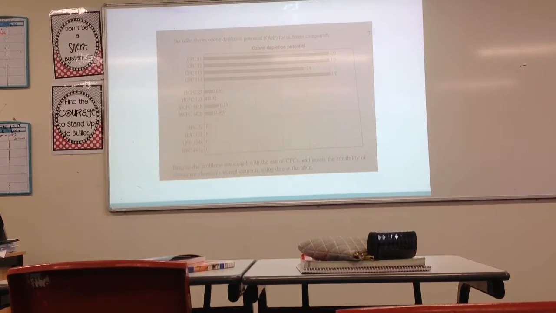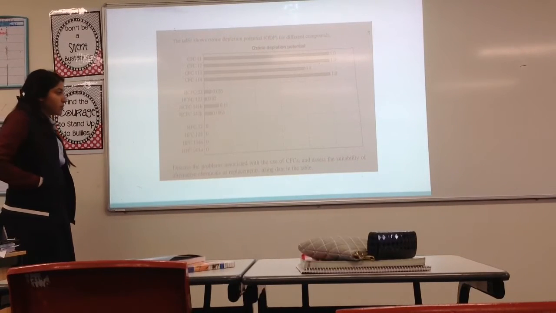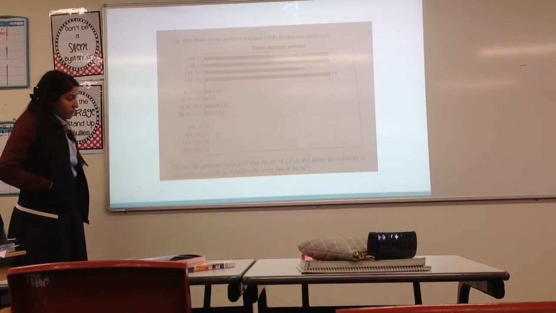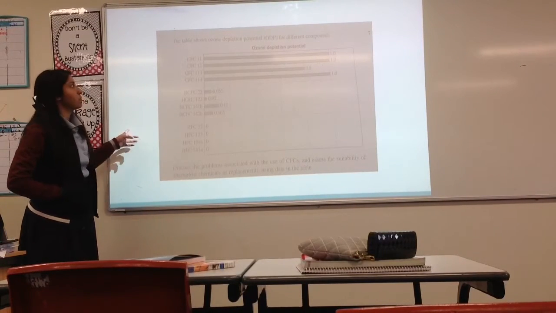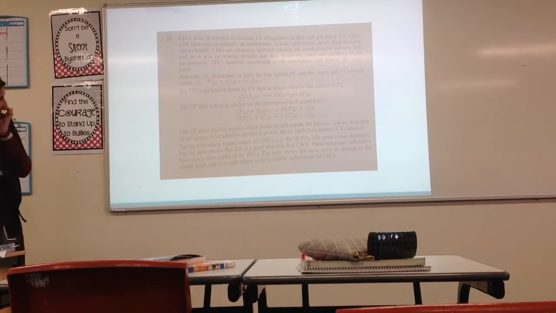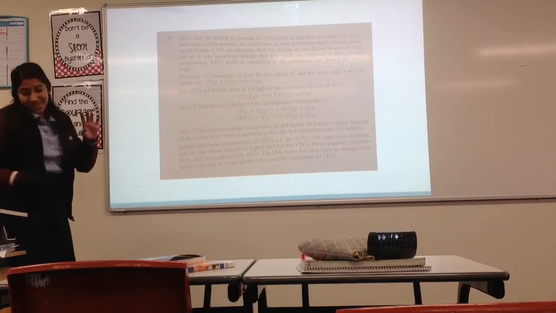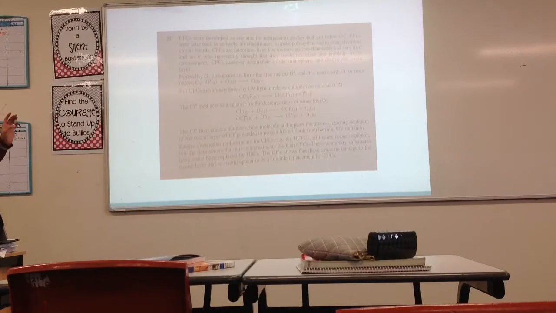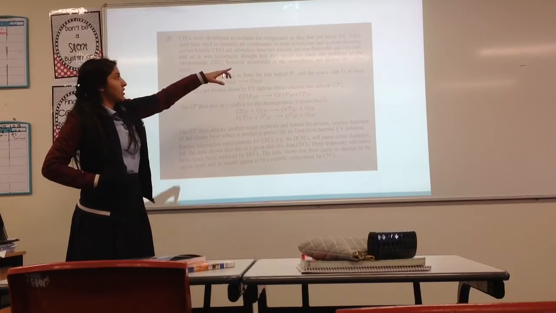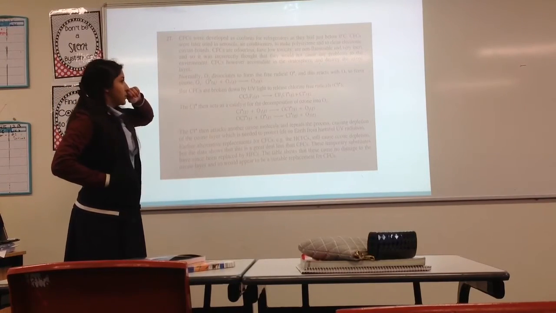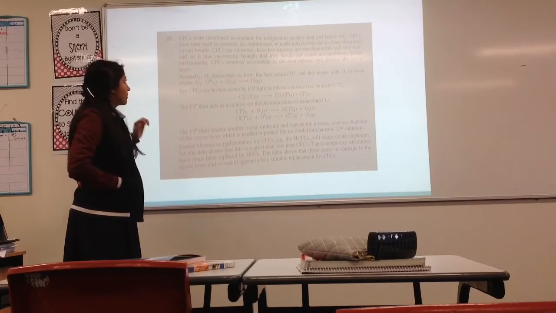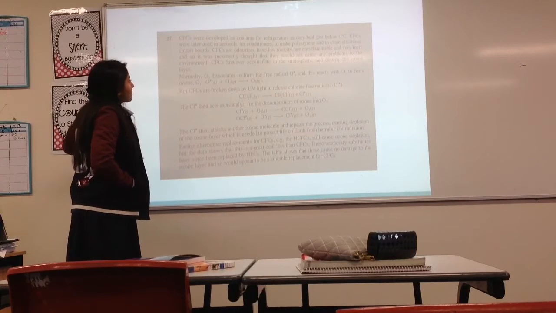So one of the questions is to discuss the problems associated with CFCs and assess the suitability of alternative chemicals as a replacement using the data in the table above. To answer this 7-mark question, they first stated what CFCs are and the uses of them, and what made them so popular at first, because they did not know the main problem of why CFCs were bad.